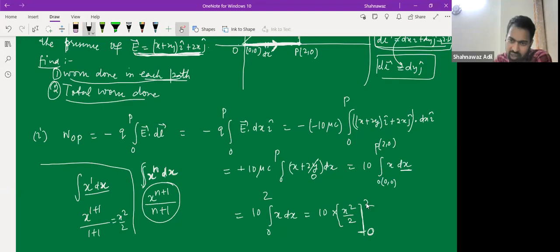Whenever we have upper and lower limits, first we place the upper limit. The 10 is constant, so we can take it outside. When I place 2 in place of x, that would give me what, Aisha?